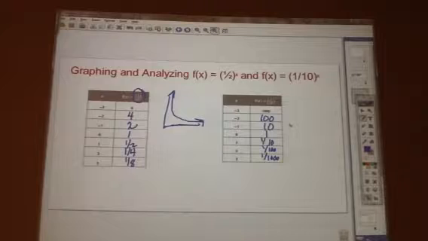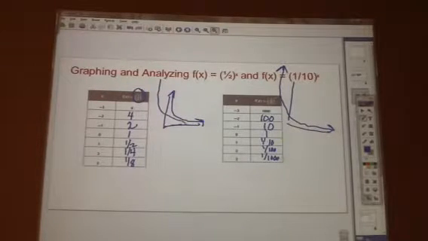This one is starting out way up here at -3. It's going way up here, and it's curving down drastically, getting really, really close to the x-axis, but never touching it. And I didn't start this one over here far enough to the left. It should have come more like this. Any questions on those two?